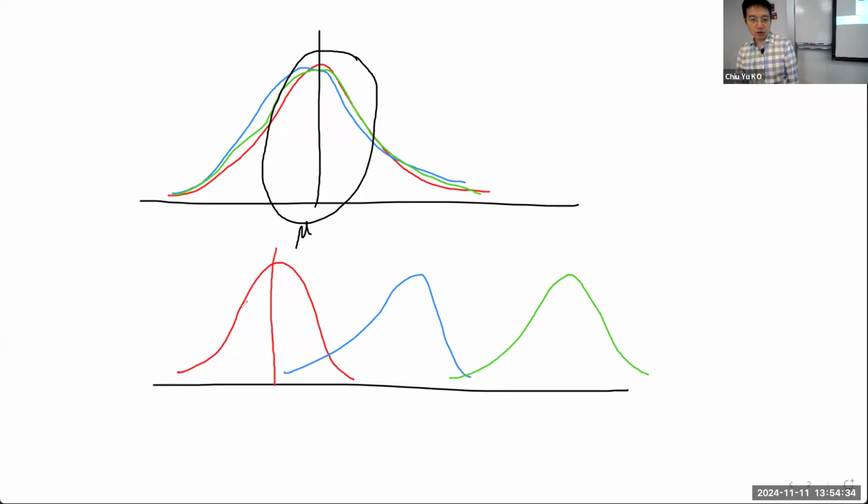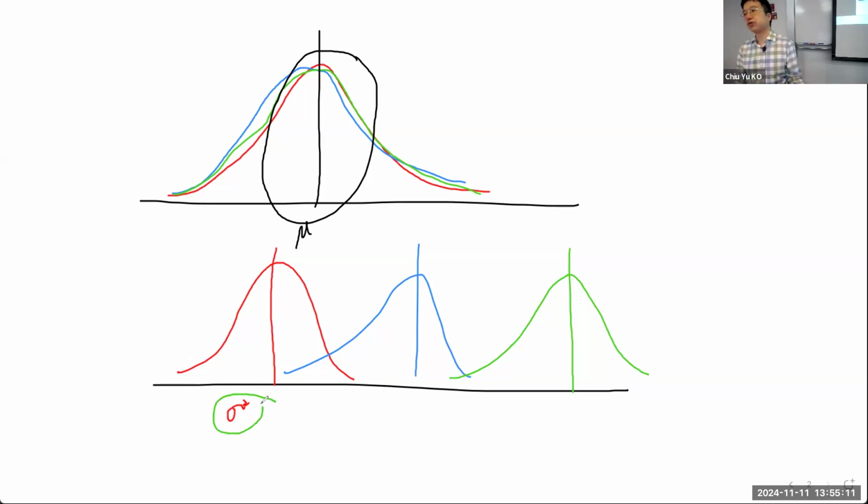You collect data for the red group and calculate the variance within this group, and do the same for the other groups. Under the assumption here, within each group, you calculate variance within the group.